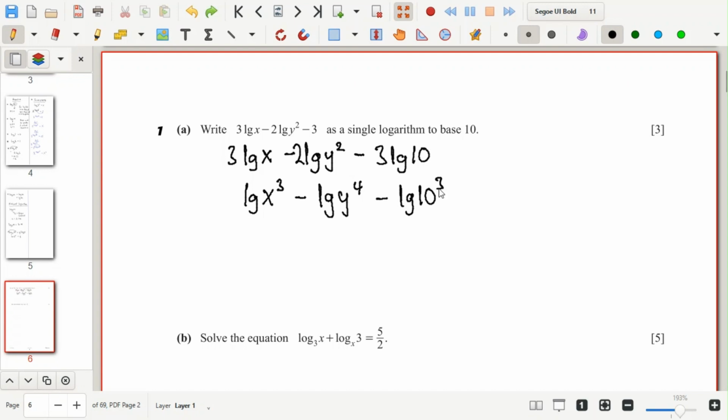Okay, the reverse of the power rule. So now this is the same as logarithm of x to the power 3 divided by y to the power 4 times 10 to the power 3.